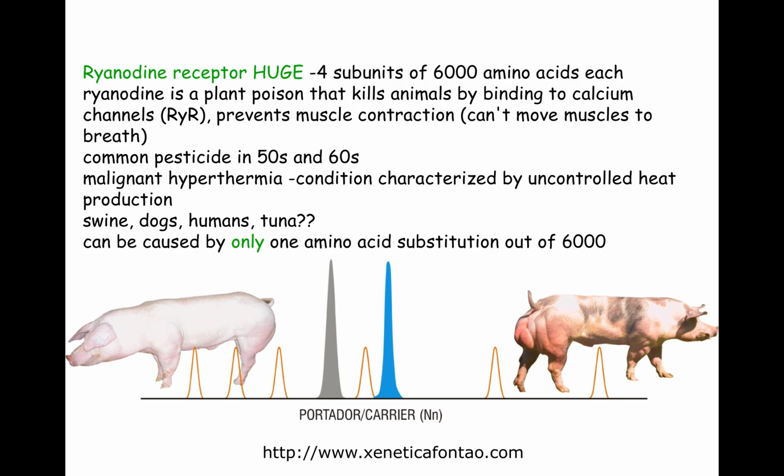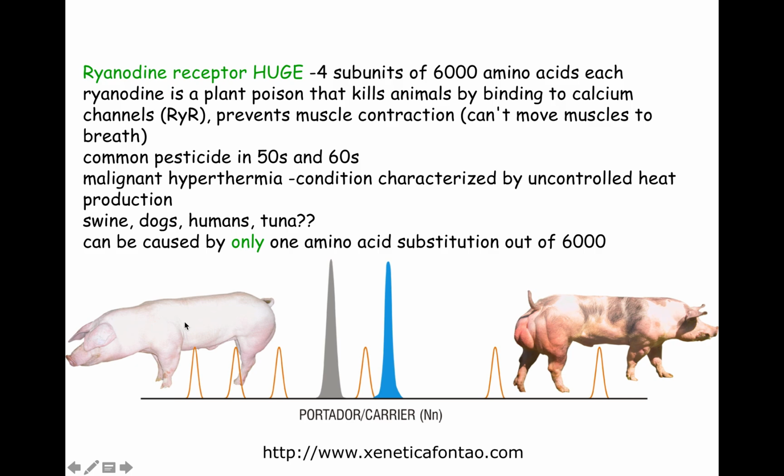So this was unwittingly selected for in hog farmers. In the 70s and 80s, people started getting more conscious about fat in their diet and looking for leaner cuts of meat, leaner cuts of bacon, for example. A regular old pig will look like this.